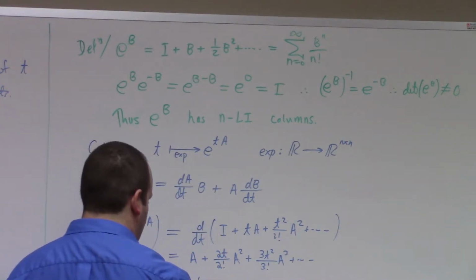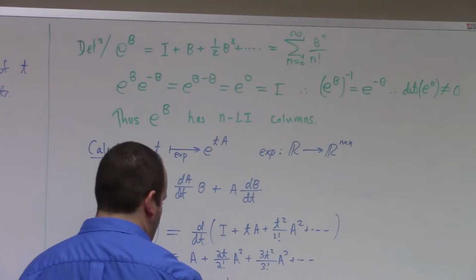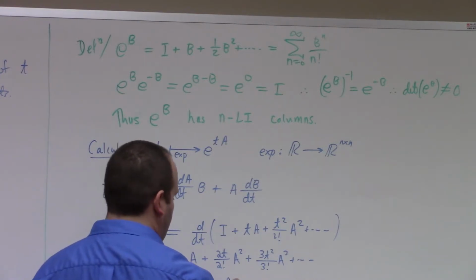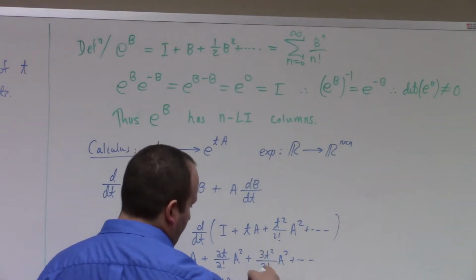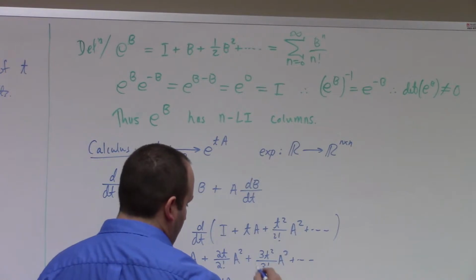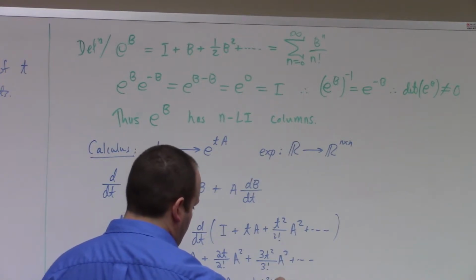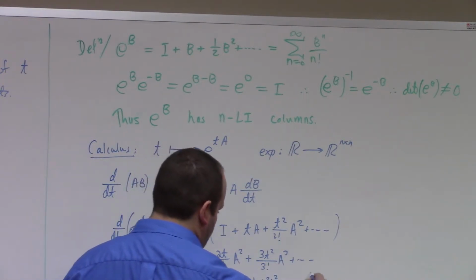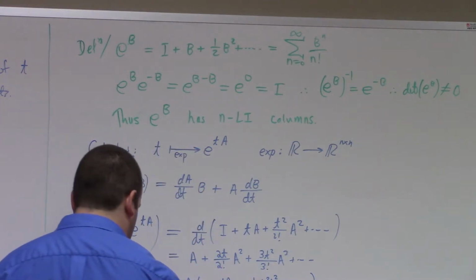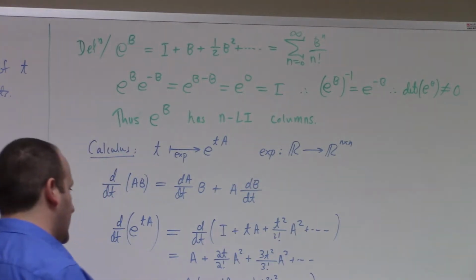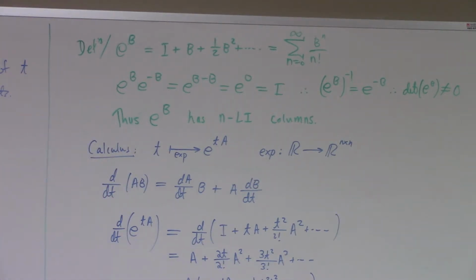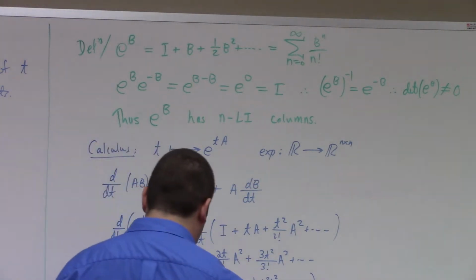What you got is 1 plus 1/2, 1 plus a times t, plus 1/2. 3 over 3 factorial gives me 2 factorial, right? Or 1/2, t squared a squared plus da da da. I mean, what is that? Well, that's a to the ta, right? Oh yeah, the identity matrix, to be clear.